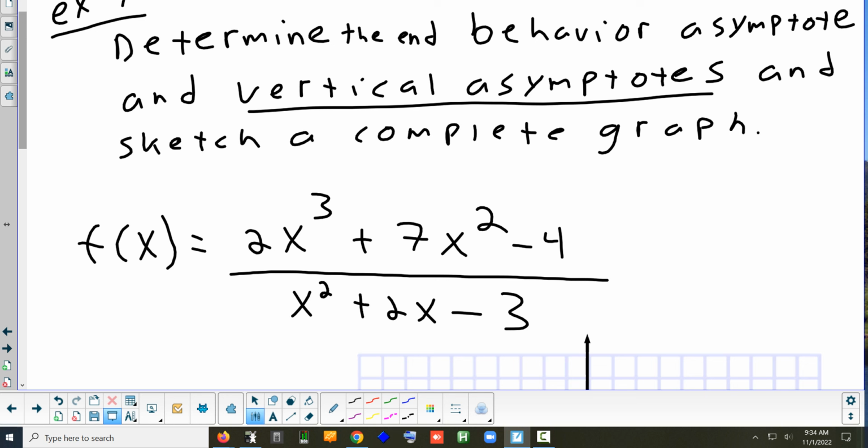You want to know what you put in to get 0? Right. We want to know what we would fill into the denominator to get 0. This part is the same as yesterday. So what should I do with the denominator to make it easier to figure out what I would fill in to make it 0? It's kind of hard for me to just look at x squared plus 2x minus 3. Yep. We're going to factor it.